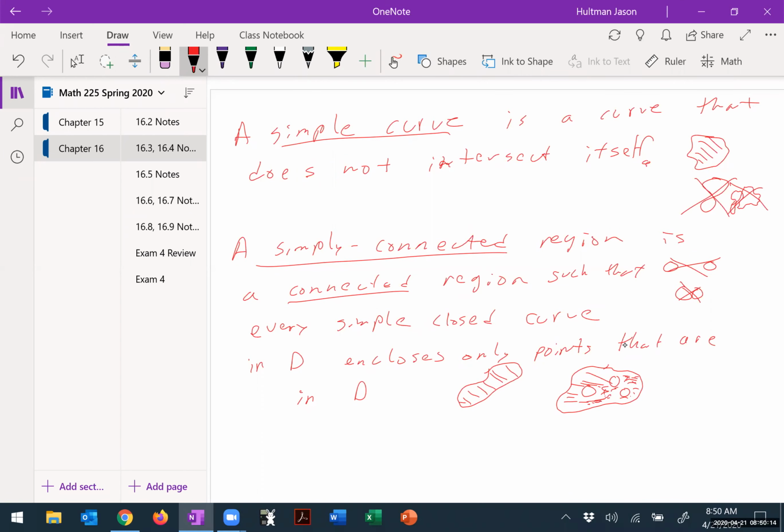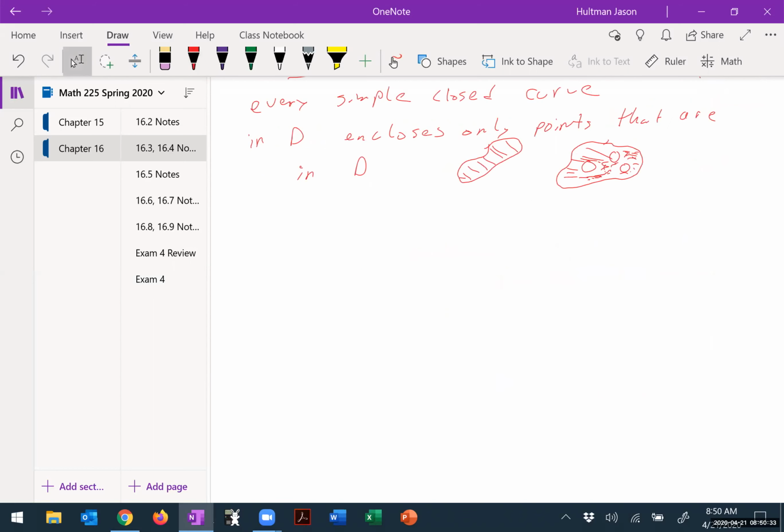We're making definitions of these things. What's a simply connected curve? What's a simply connected region? We don't want holes in our region. We don't want crossings in our curves. If we have no crossings in our curves and no holes in our regions, then we can do some nice math.